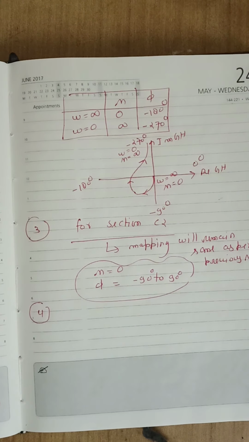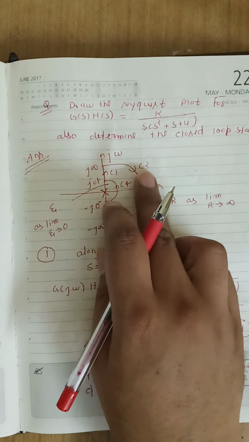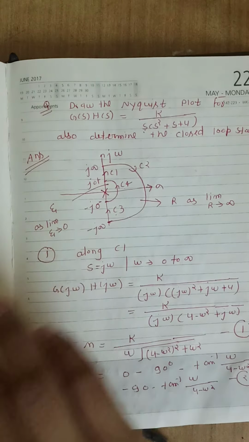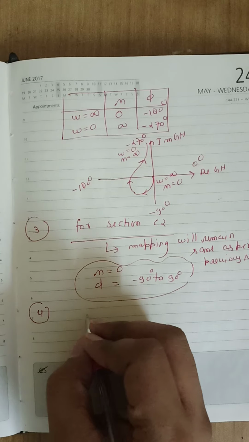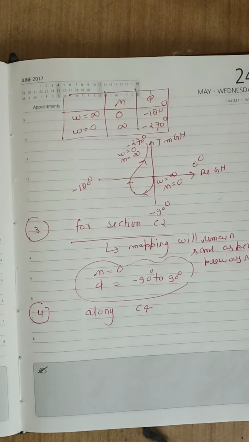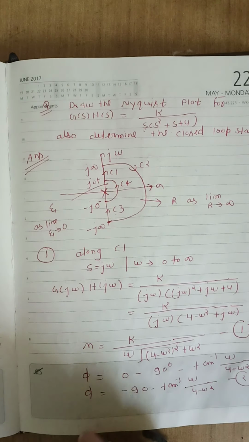Now let us see mapping of section C2. Mapping for section C2 we have already seen. Now let us see mapping of section C4. Along section C4, I have already told you it is a semicircle of 0 radius.